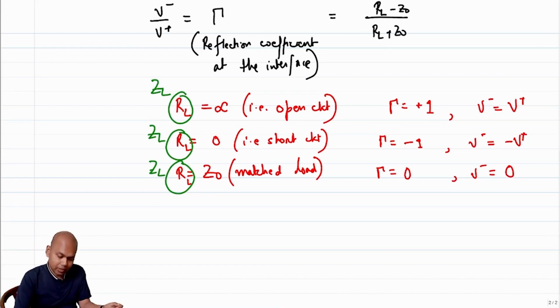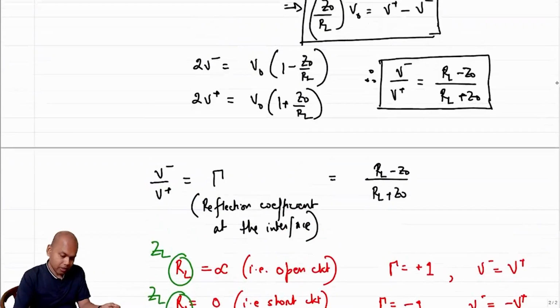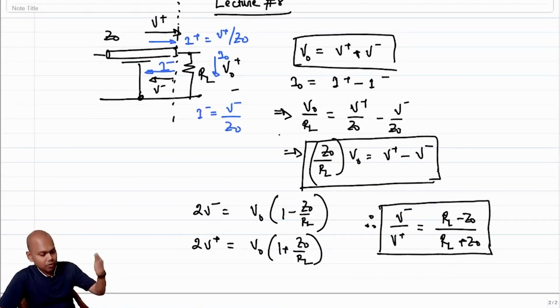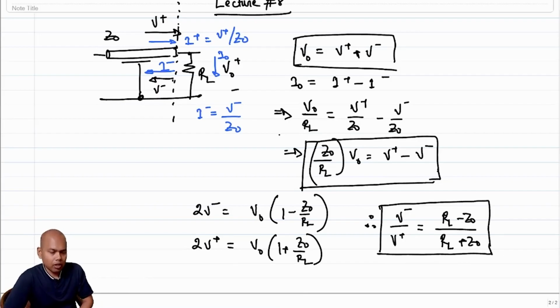And why is this important? This is important because if I take you back to the previous lecture, the whole issue of signal going to zero at some point of the transmission line was happening because there was a reflected wave. If there were no reflections, then that problem wouldn't have appeared at all, right?